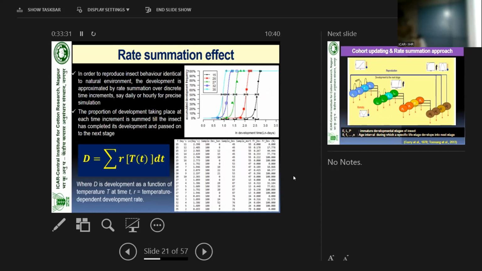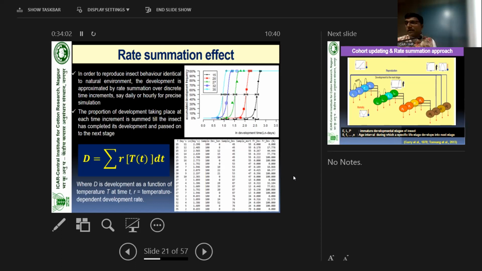Similarly here, approximation is taken over discrete time increments, say daily or hourly, for precise simulations. I told you that in an incubator you have to feed the temperature at different time intervals. We have to simulate that deviation, and the proportion of development taking place at each time increment is summed until the insect develops to the next stage.